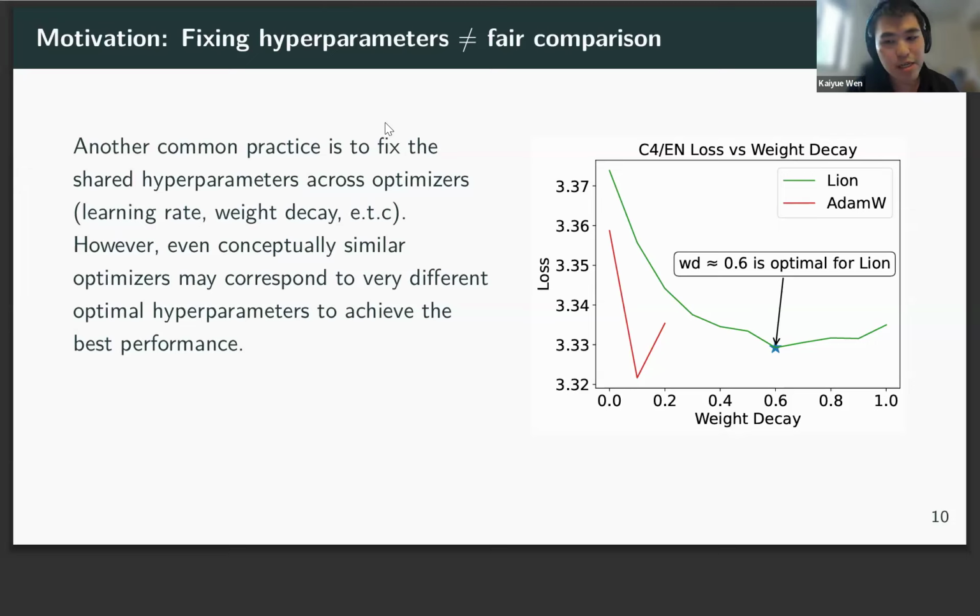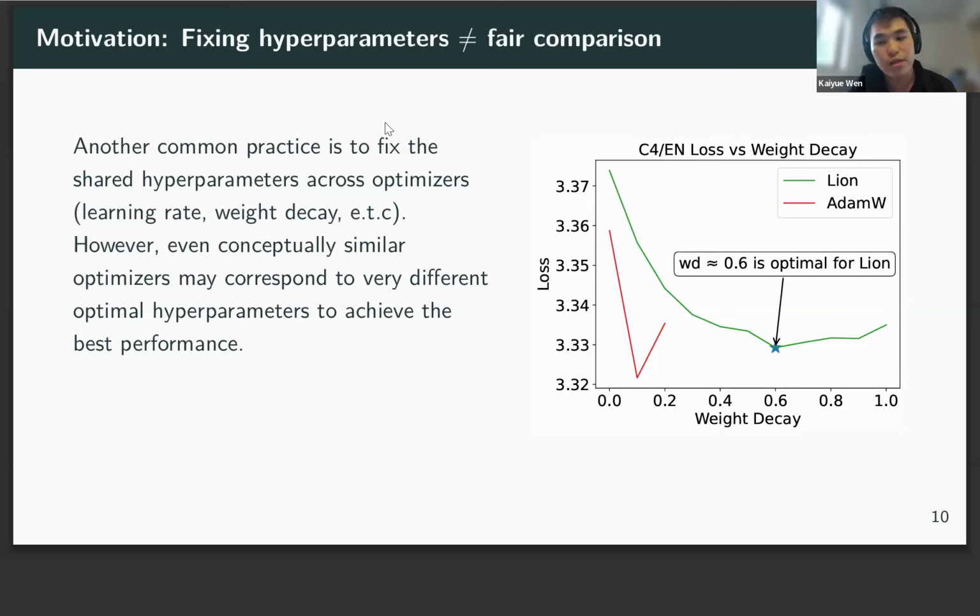However, we can actually show that this is not the case, even for two very similar optimizers like Adam and Lion, which, as mentioned, are roughly the same if you ignore the second momentum term in Adam.